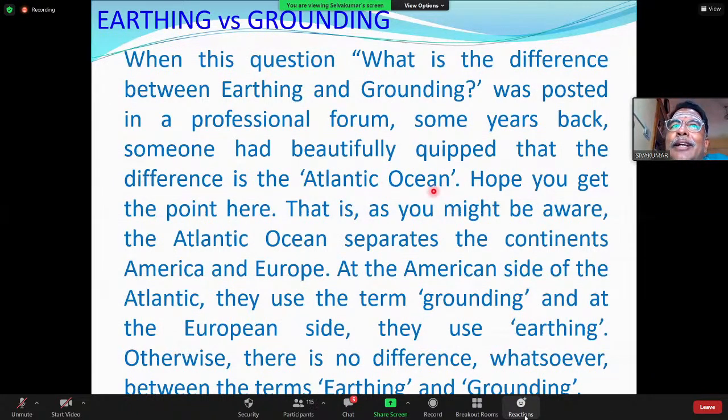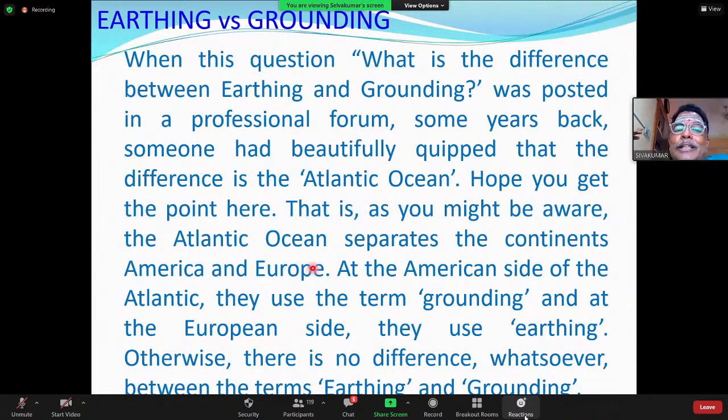He answered that the difference between grounding and earthing is the Atlantic Ocean. You got the point. The Atlantic Ocean separates the continents US and Europe. In the western part of the Atlantic Ocean, in the US, ground is used. In the eastern part of the Atlantic Ocean, in Europe, earth is used. So that is what I have mentioned here.